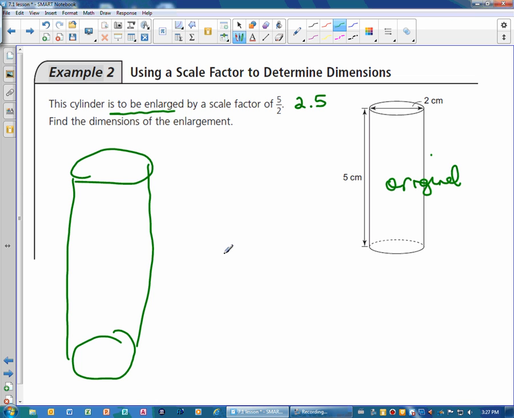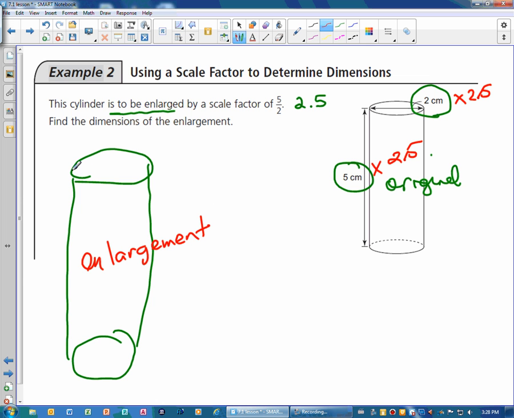Okay? So what we're going to do is, because we're enlarging it, we're going to take the original dimensions and simply multiply them by 5/2 or 2.5. Okay, that's all we have to do. Okay, we're enlarging. So if this is my enlargement, this new diameter on the cylinder would be 2 times 2.5, which of course is 5.